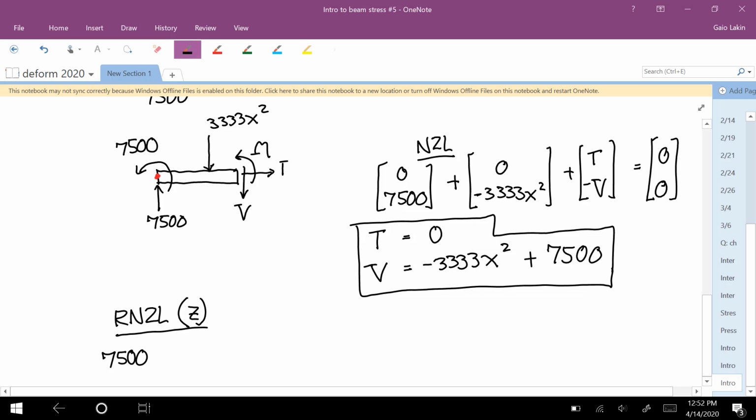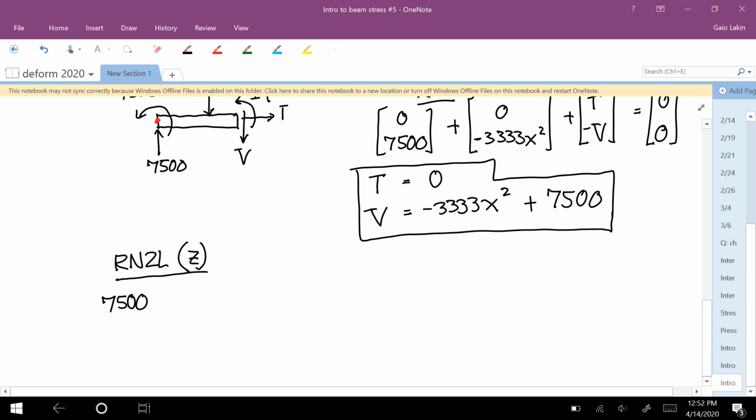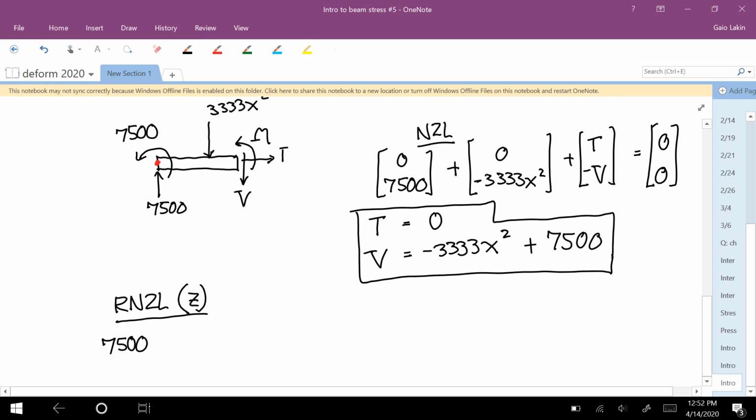That's the distance from the left. That is a clockwise moment, so that's going to be negative 2/3 x times 3,333x squared plus m minus vx is equal to 0.